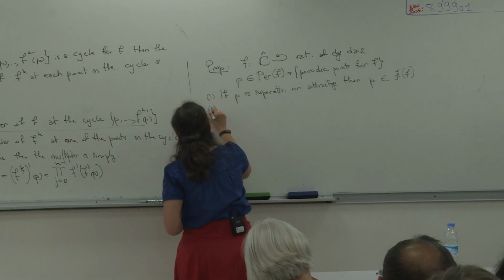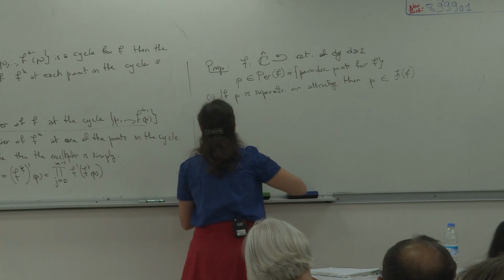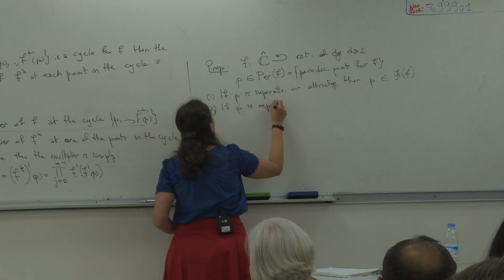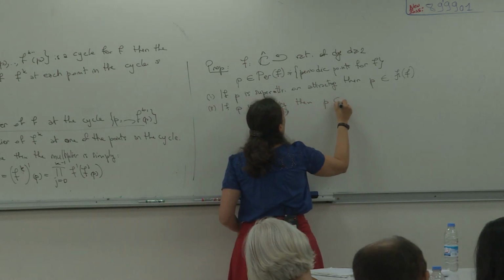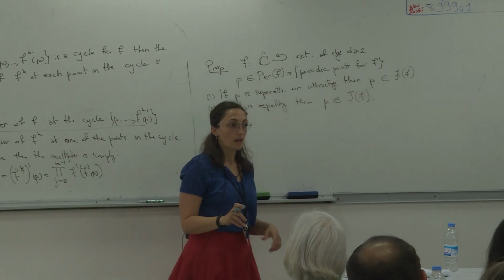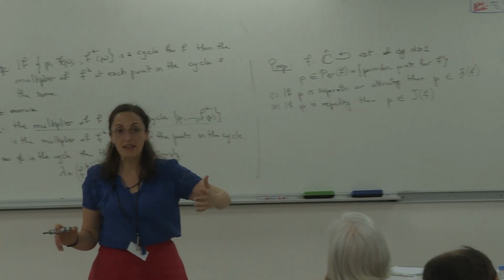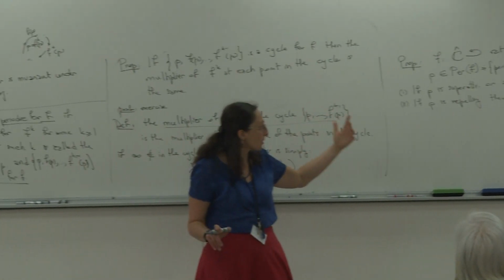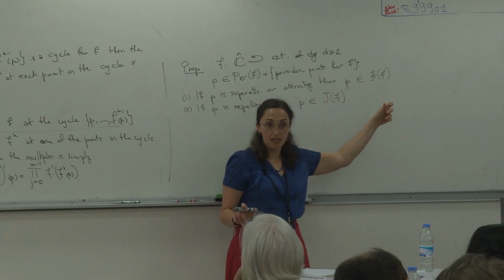And if p is repelling, then p belongs to the Julia set. So repelling periodic points are never in the Fatou set, and attracting or superattracting periodic points are always in the Fatou set.